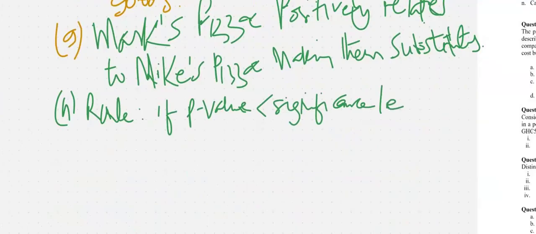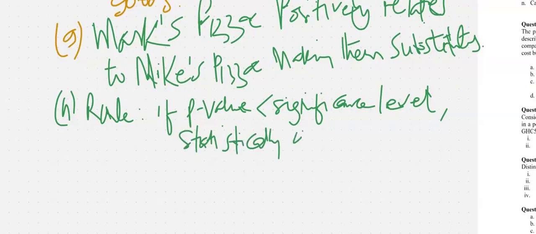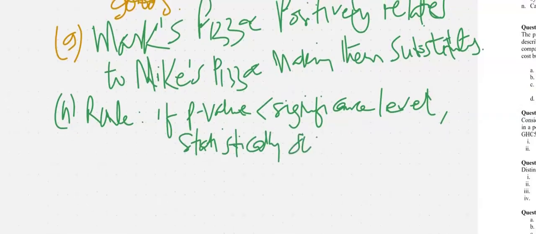We don't spend so much time here. If p-value is less than significance level, what do we say? We say statistically significant.